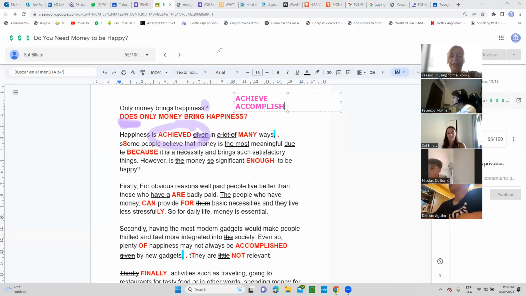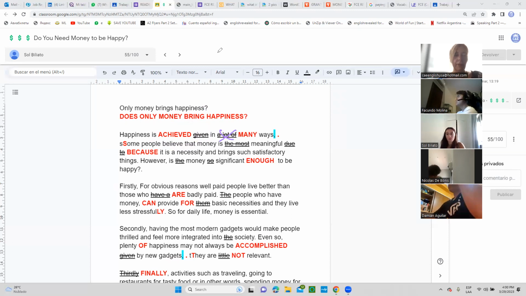So, happiness is achieved, okay, instead of using a lot of, because a lot of is informal for essays. You just use many. Happiness is achieved in many ways. Or happiness is achieved in considerable ways. Remember, we saw considerably, you can use considerable in this case. But if you don't want to make a mistake, just use many.